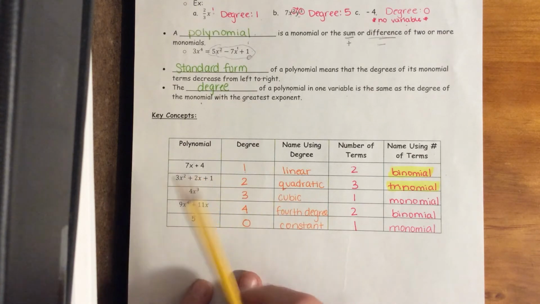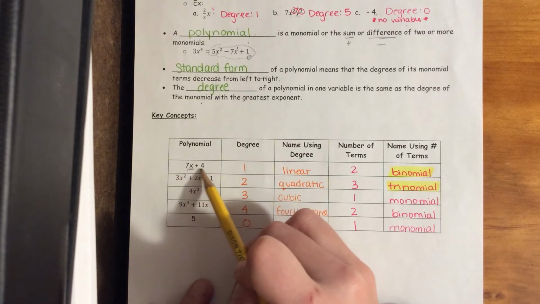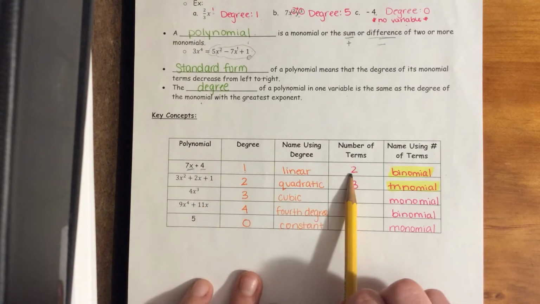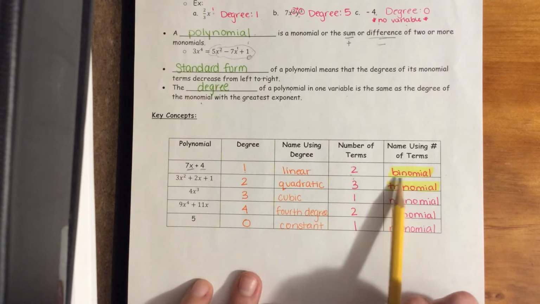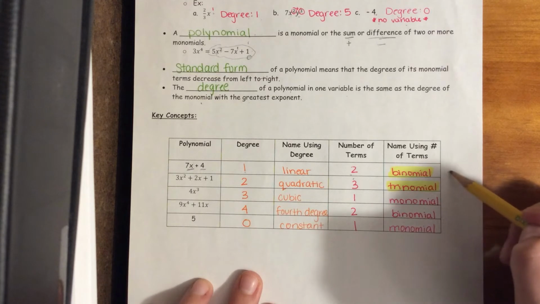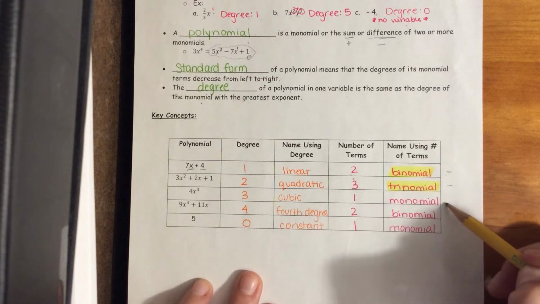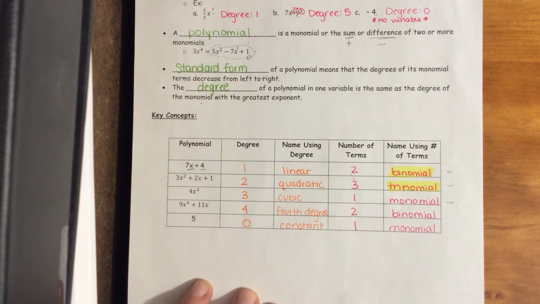In this polynomial, we have two terms. We have 7x and 4, which is why, under the terms column, we have 2. And when we have two terms, that's called a binomial. I have it highlighted because these are all very important. Oh, I should highlight monomial as well. That is a vocab word that we've been talking about.